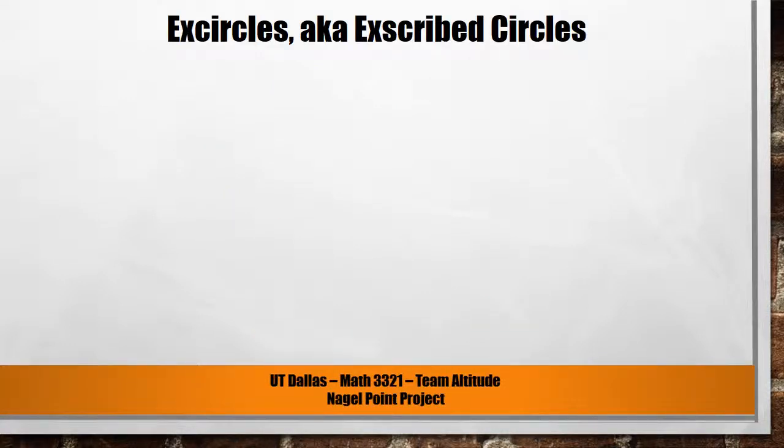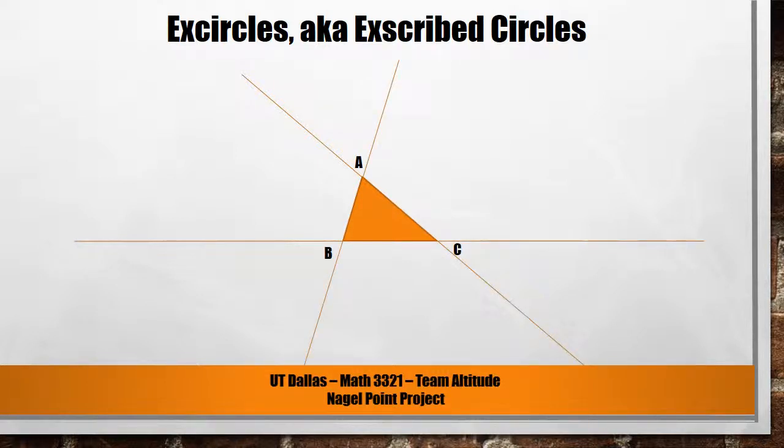The next thing we're going to talk about is a pretty cool object called an X-circle. They're kind of difficult to draw, but it's alright, we'll get through it just fine. The way we construct them is we'll start with our friend triangle ABC, and then we extend each of its sides. And we can extend them as far as we want. So there those are.